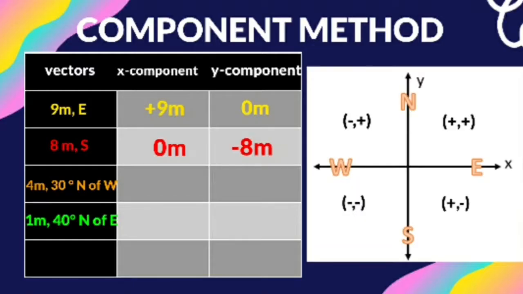Our third vector is 4 meters 30 degrees north of west. Our x component is negative 3.46 meters and y component is positive 2 meters. For the x and y components of the fourth vector, we will use again the trigonometric sine and cosine functions.